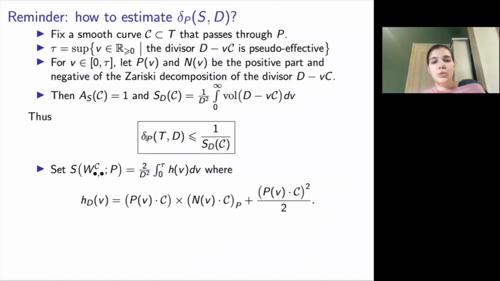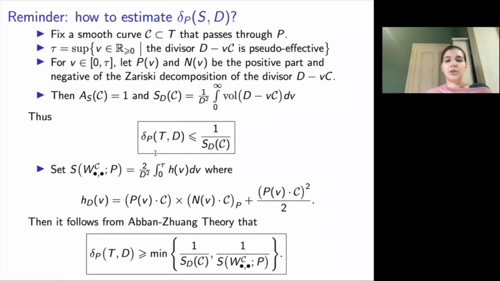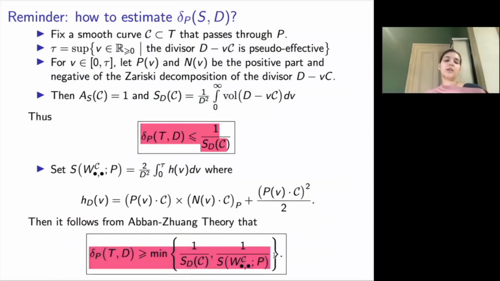And then we get the estimation from above. Using Abban–Zhuang theory, we get the estimation from below, and then if we're lucky enough, we get our result. If not, not.